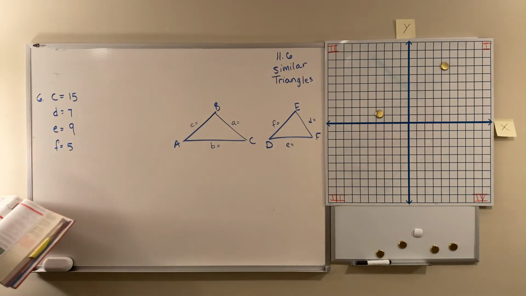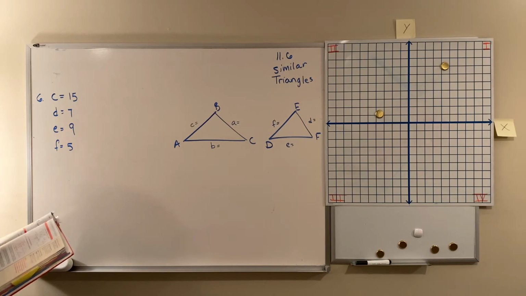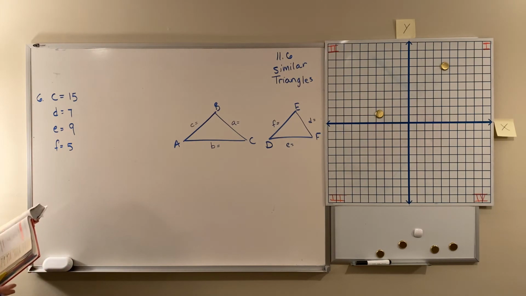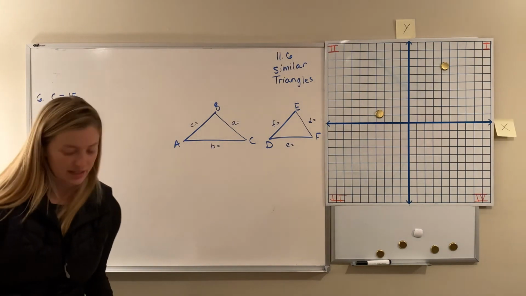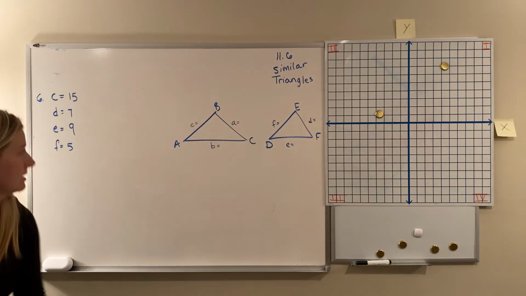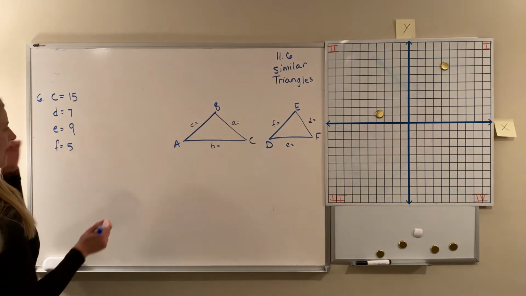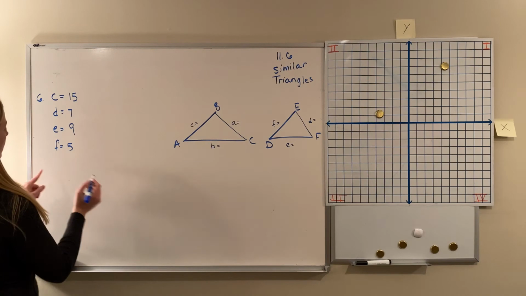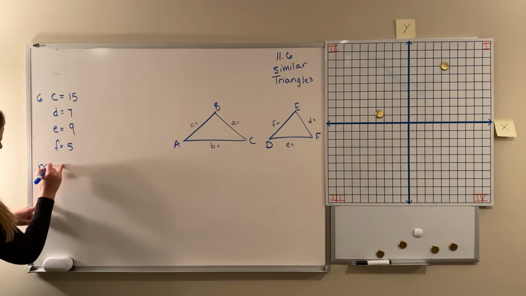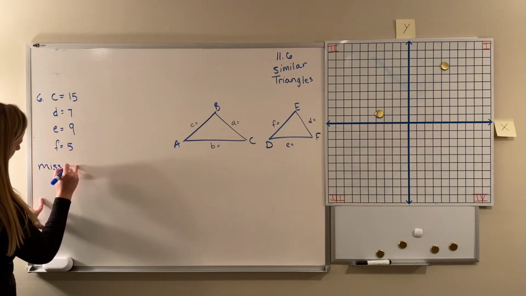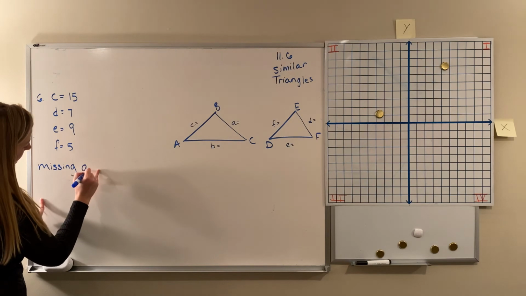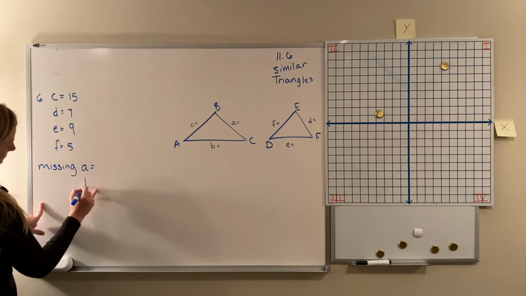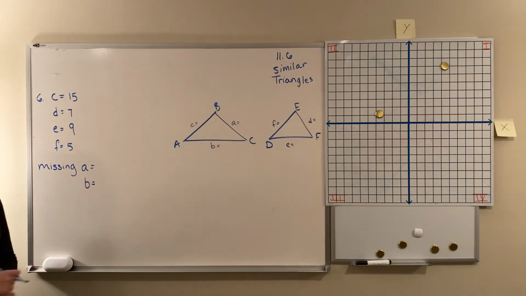And your instructions say for each set of measures given, find the measures of missing sides. So they've given us 4 out of our 6. They gave us c, d, e, and f. That means we are missing a and b. These are the 2 sides we still have to solve for. So we have to draw on the information that they've given us to solve for our unknown values.